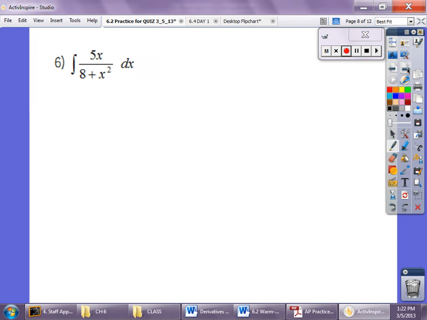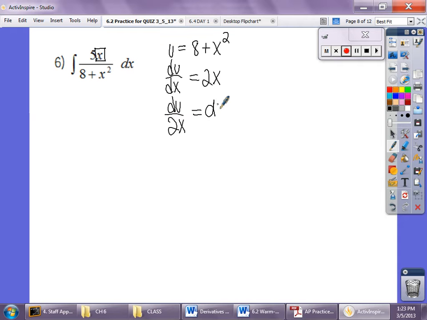Number 6 looks extremely similar. The denominator was the same, but the difference is there's a multiply by x, which means I can substitute. I'm going to take the whole denominator as u, and the derivative is 2x. We're going to divide by the 2x, so du over 2x equals dx. Therefore, I'm going to do the integral of 5x over u times dx, which is du over 2x.